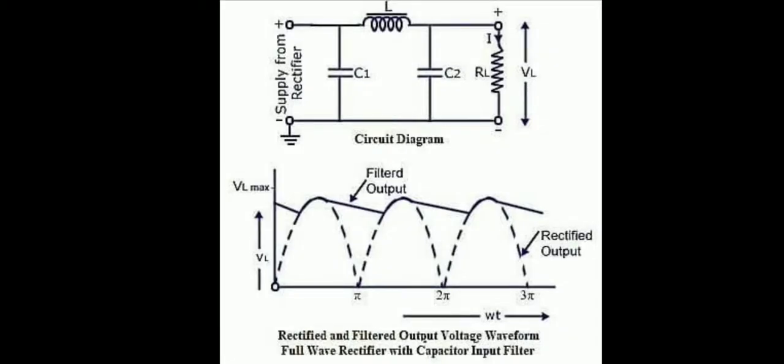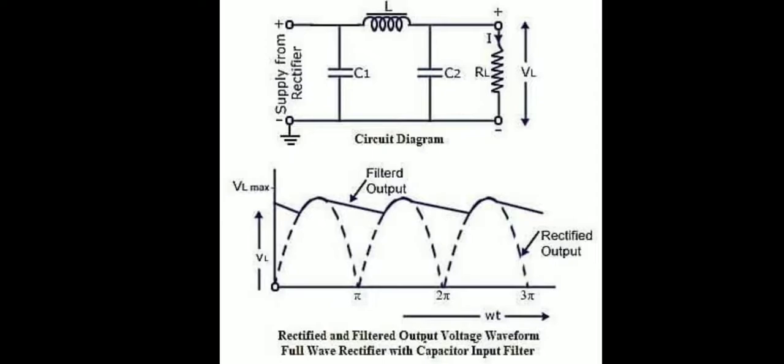Now the inductor filter. This type of filter is also called a choke filter. It consists of an inductor L, which is inserted between the rectifier and the load resistor RL. The rectifier output consists of AC components as well as DC components.